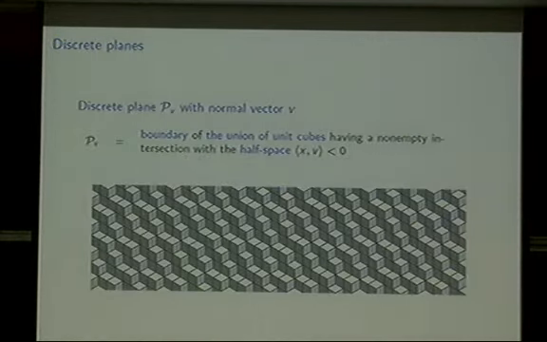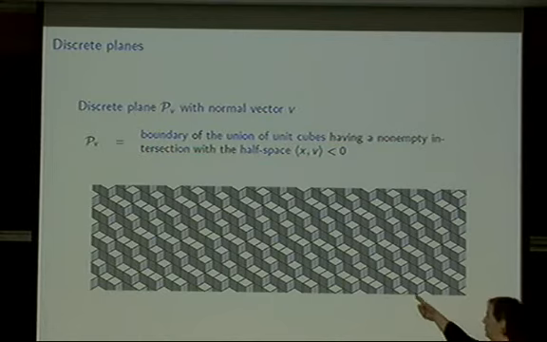So what is a discrete plane? Nice picture, Timo Jolivet did it. Actually, if you are in R3, a discrete plane is nothing but the discrete boundary of a plane, which means that you consider a plane in R3, you cover it with faces of cubes, and you keep just the boundary of these faces of cubes.